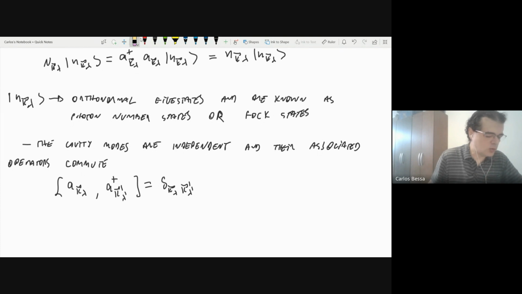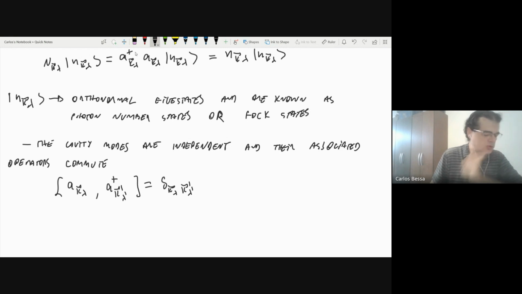Now we can make a relation between the Hamiltonian of this system and the energy of the classical radiative field.